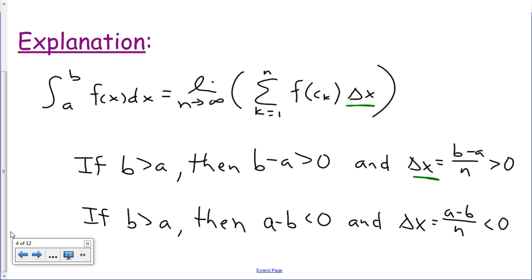And so since your delta x is negative, the only thing that changes in this problem is if I switch the endpoints from a to b versus b to a, these delta x values go from positive numbers to negative numbers, and thus the sign of my definite integral changes from positive to negative, or negative to positive, whatever it was to start off with. All right?